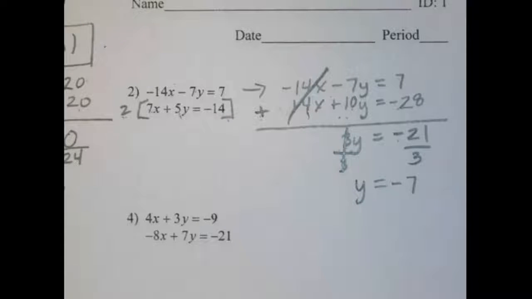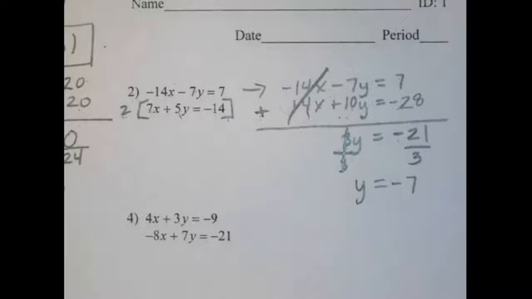Somebody else said bottom. Why bottom? Look at the equations. Why would I choose the bottom instead of the top? Anybody? Less numbers? I haven't touched it yet. That could be a good rule.